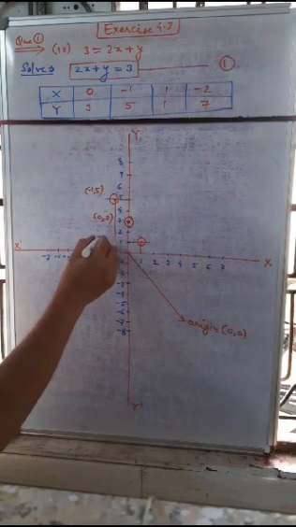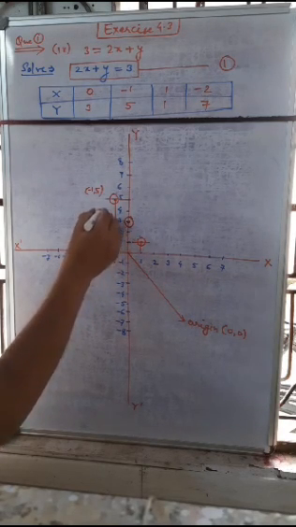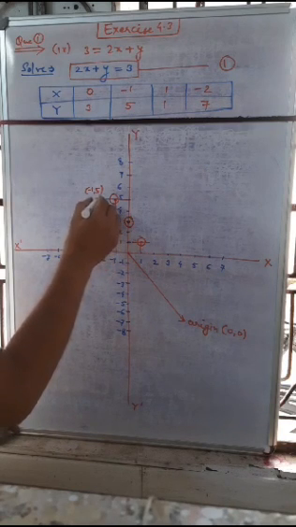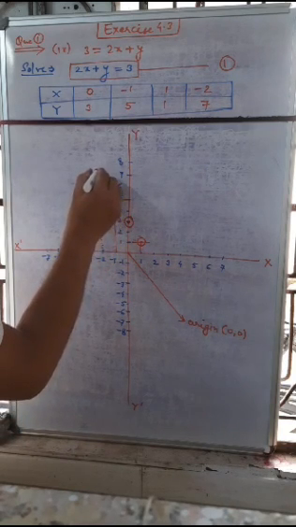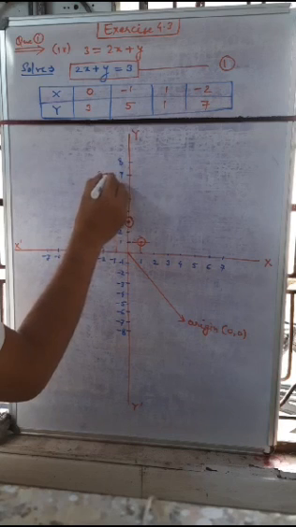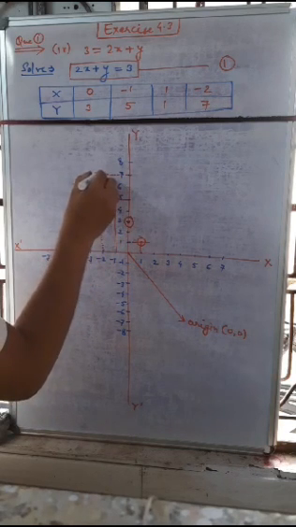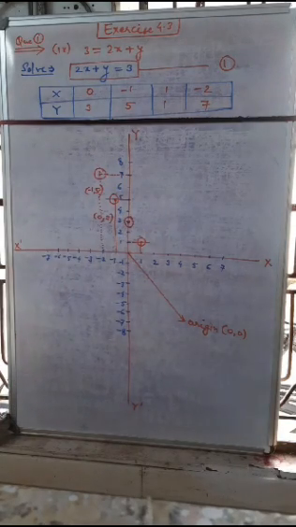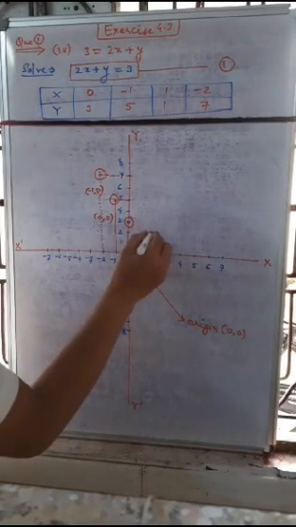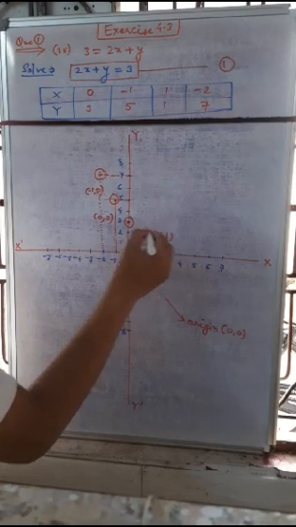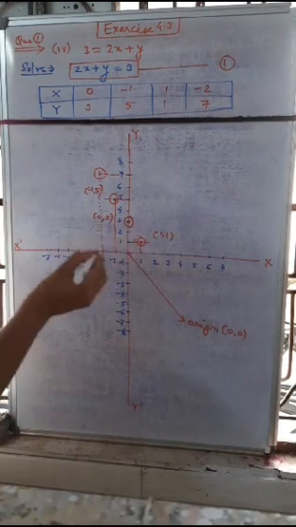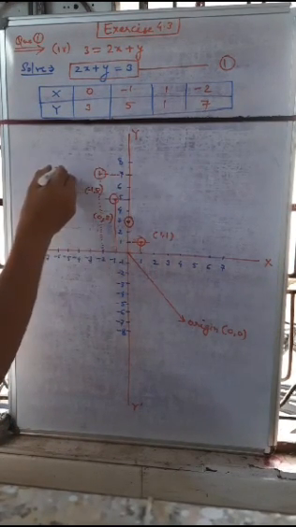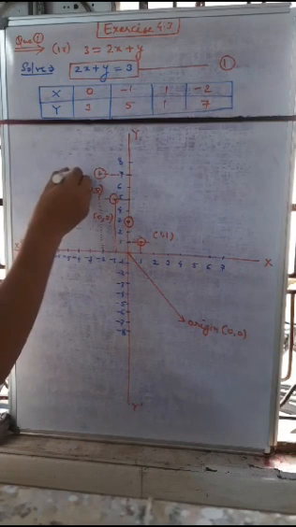So how to get the point? In a graph paper you can draw very easily, there is no problem. But in plain paper there is a little problem, but we are doing practice, that is more important. 1, 1 is situated here on this point, and this is the point minus 2, 7.